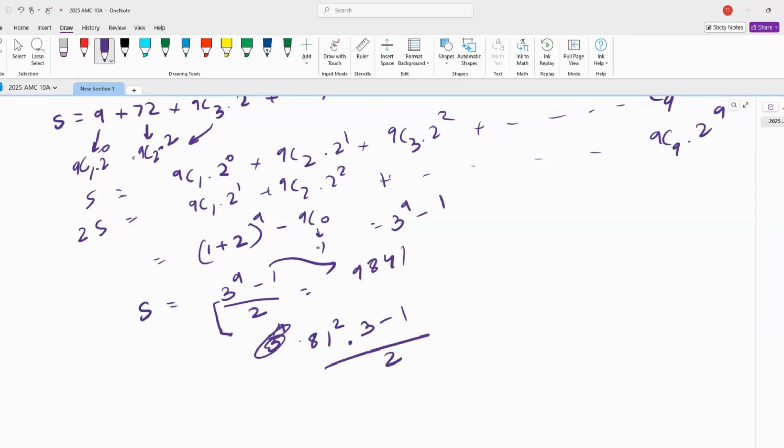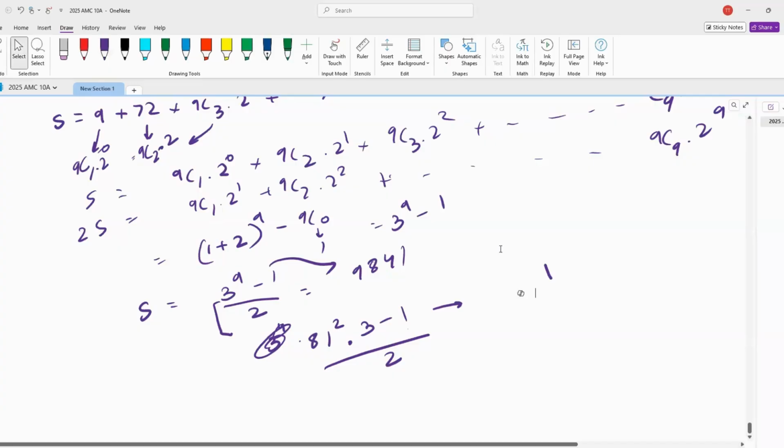The reason I wrote it this way is to come up with a nice units digit. So 81 squared is going to be ending in 1, times 3 is going to be ending in 3, minus 1 is going to be ending in 2. So when I divide by 2, that's going to be ending in 1, right?